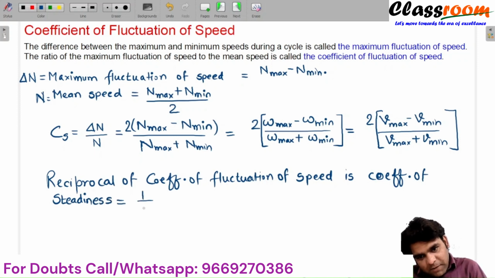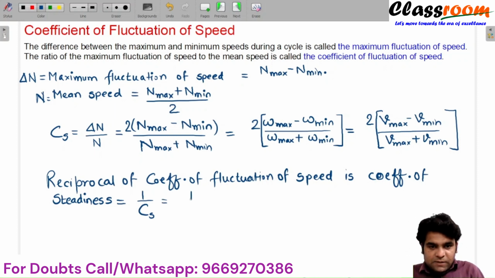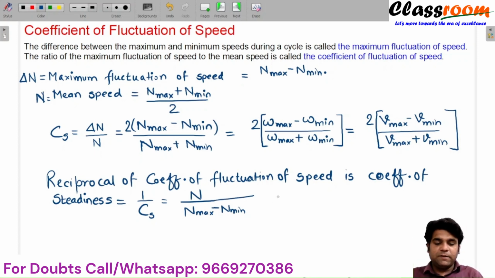It equals 1 by C S, simply the mean speed N divided by N max minus N min, or N max plus N min divided by 2 times N max minus N min. This is the coefficient of steadiness. So in this manner, we can determine the fluctuation of speed and fluctuation of energy of a flywheel.